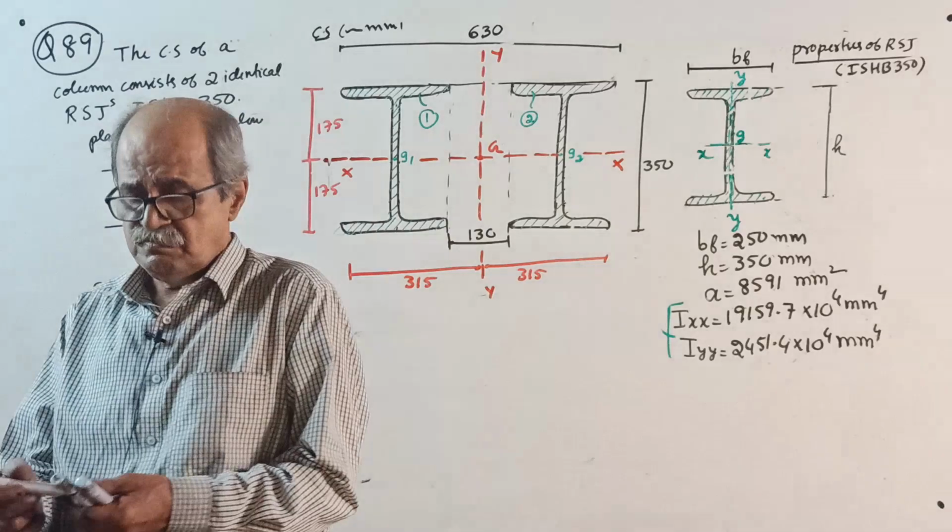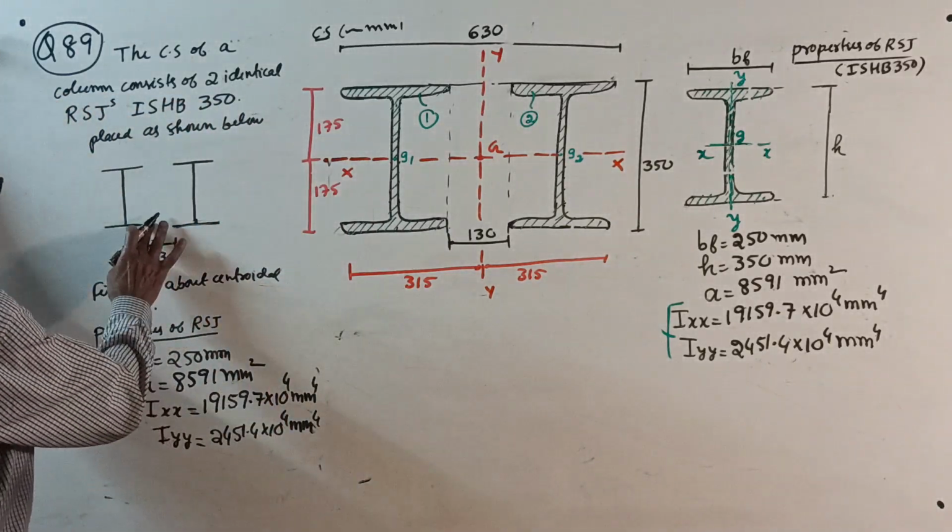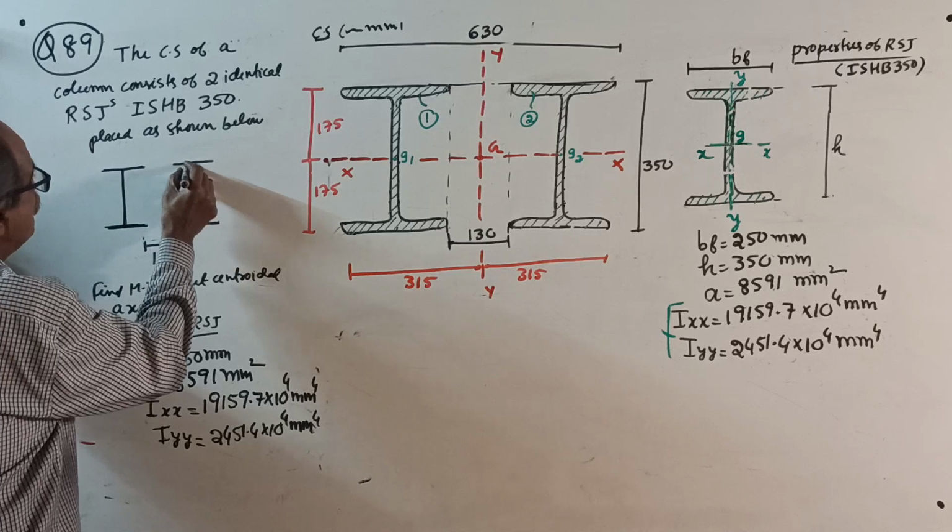Question 89. This is very popular in steel columns. Actually, I wrote only a rough line diagram here. Sometimes it won't come out very clearly.